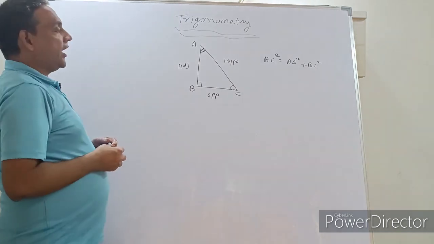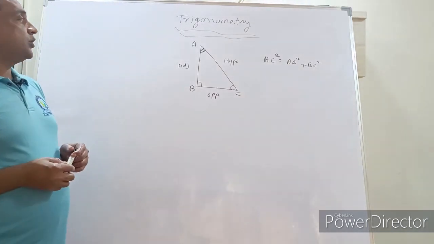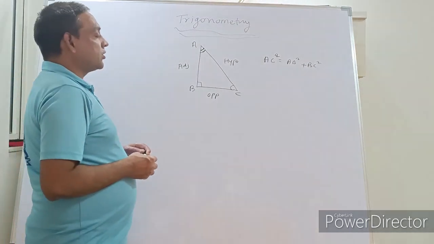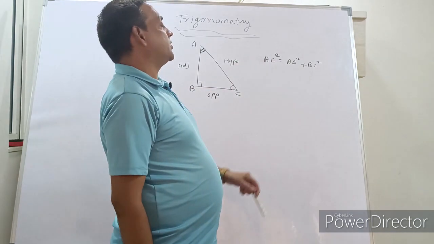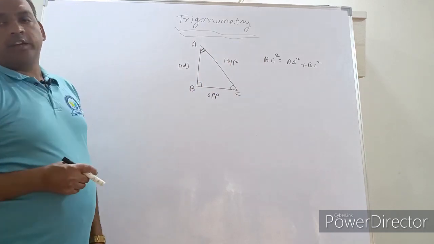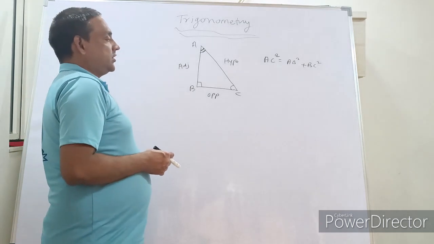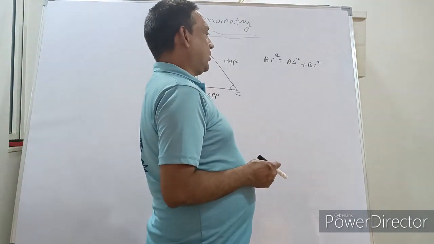Longest side square is equal to sum of the other two sides square. This we studied in Pythagorean triplet. Okay, Pythagorean theorem. So AC square is equal to AB square plus BC square, means out of the three, if we have any two, we can find out the third side by using Pythagoras theorem. Clear?